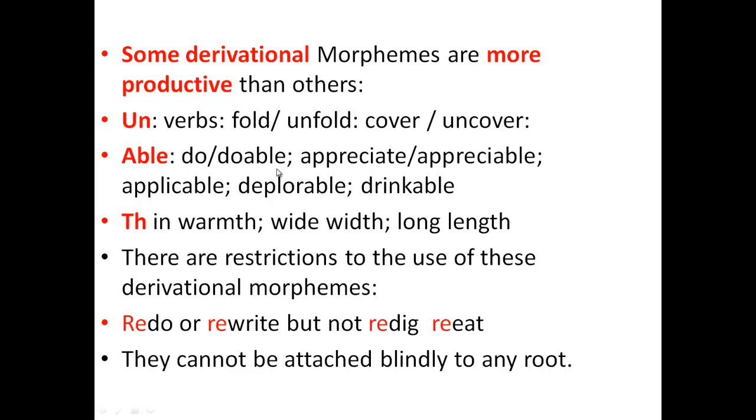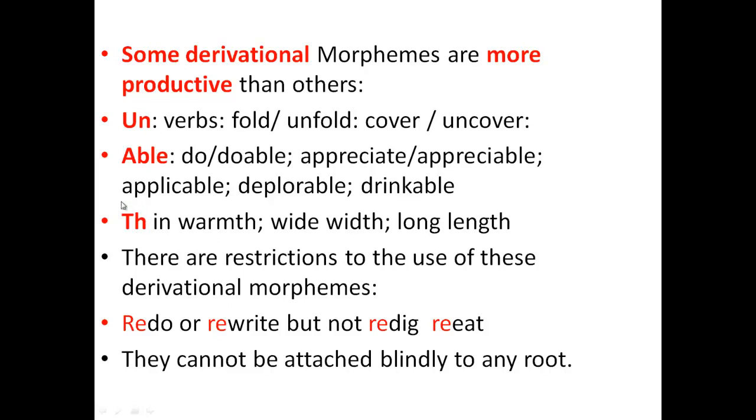For example, do, doable, appreciate, appreciable, apply, applicable, deplore, deplorable, drink, drinkable. So these two are really productive. They can be attached to a great number of words, and they can help us obtain, for example, adjectives. Here they can help us obtain the negative, if you like, form of the verb.